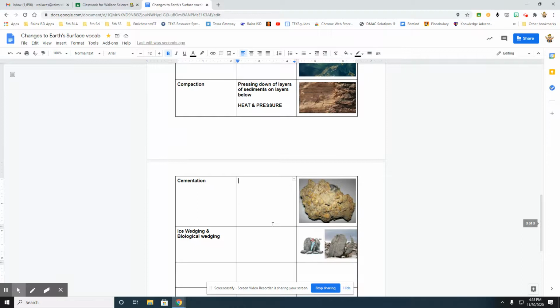Cementation, this is a really cool process. So what happens over time, you've got all these layers, right, that have been compacted down. Water can actually find its way through some of these layers. And so water is going to trickle through layers of sediment and leaves minerals behind.